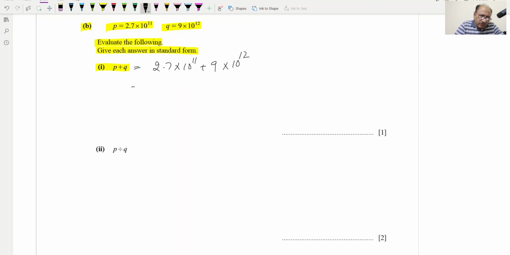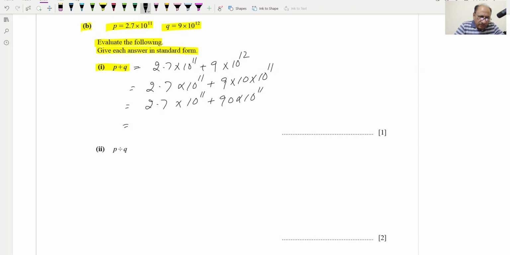So what we can do, we can shift this also: 10 raised to 12 we will shift to 10 raised to 11. So we can rewrite it like this: 9 into 10 into 10 raised to the power 11, and 9 into 10 will be 2.7 into 10 raised to 11, plus this will be 90 into 10 raised to 11.